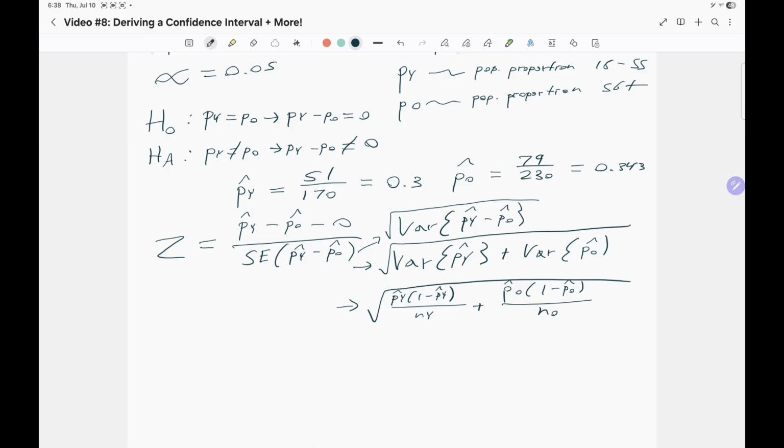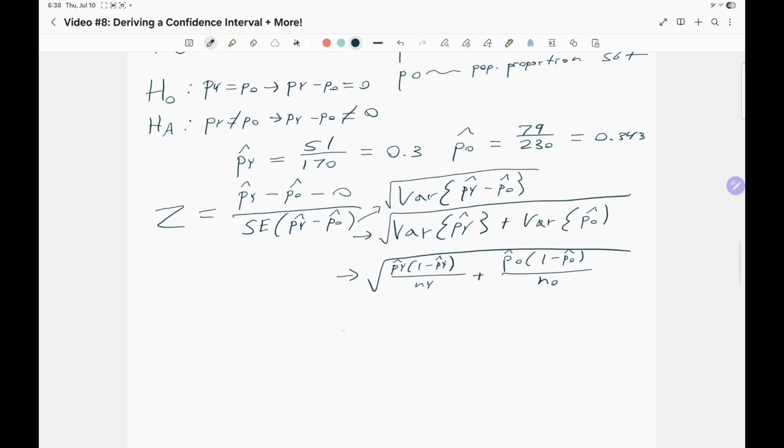I use n sub y and n sub 0, I said n y hat, whatever. N sub y, n sub 0 to indicate that this is the sample for the younger group, and this is the sample for the older group, to make it less confusing. So that's what those variables I indicated mean.